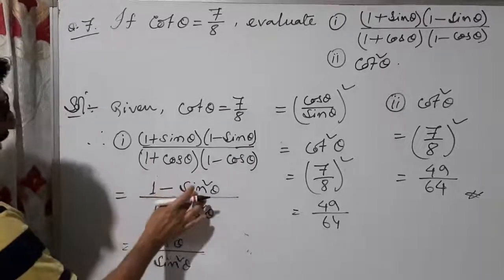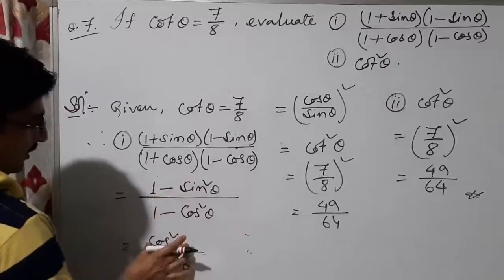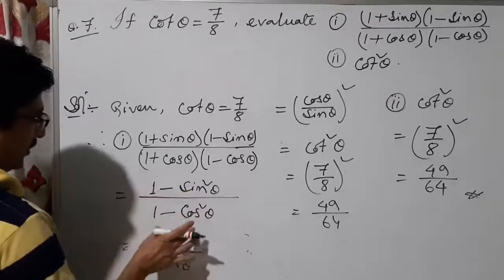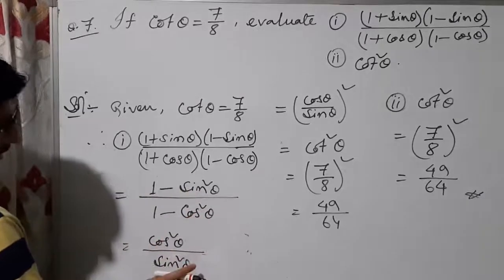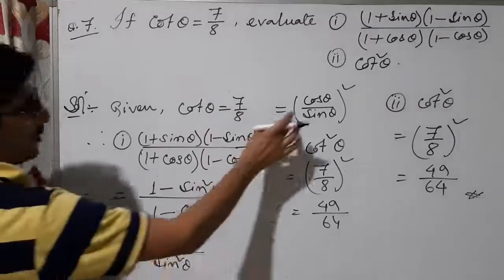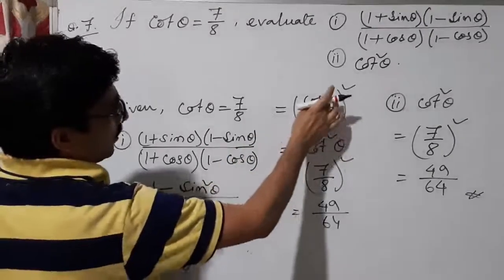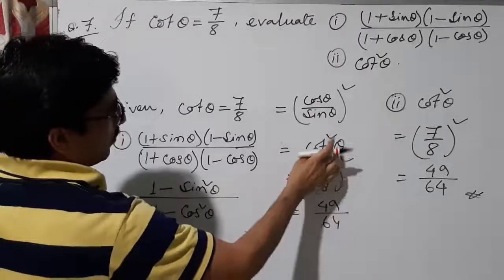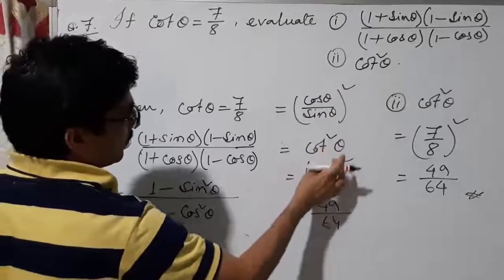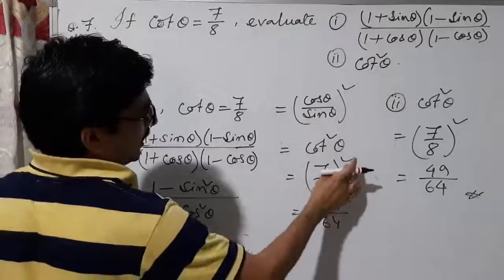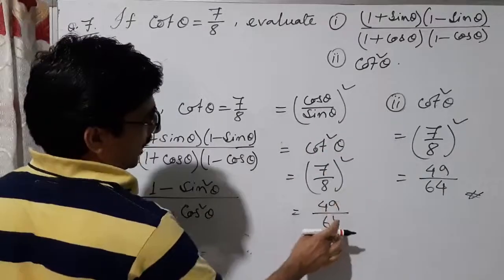So 1 minus sin square theta is cos square theta from the quadratic relation, and 1 minus cos square theta equals sin square theta. Taking the square as common, it is cos theta by sin theta whole square. Cos theta by sin theta means cot theta, so it is cot square theta. The cot value is given as 7 by 8, so 7 by 8 square is 49 by 64.